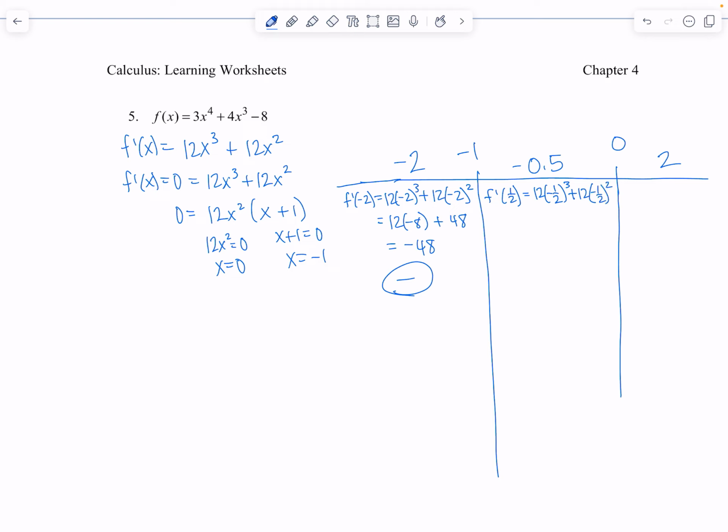So we have 12 times -1/8 plus 12 times 1/4. So we've got -3/2 plus 3 is +3/2.